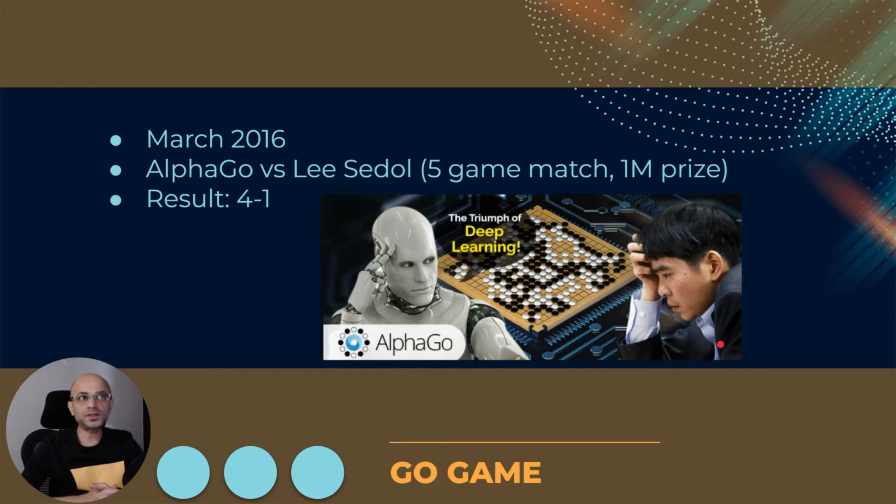In March 2016, there was a match in the game of Go between Google's AlphaGo program and Lee Sedol, who is a champion in Go. It was a 5-game match for a 1 million prize, and AlphaGo won the match 4-1, winning 4 games against Lee Sedol.